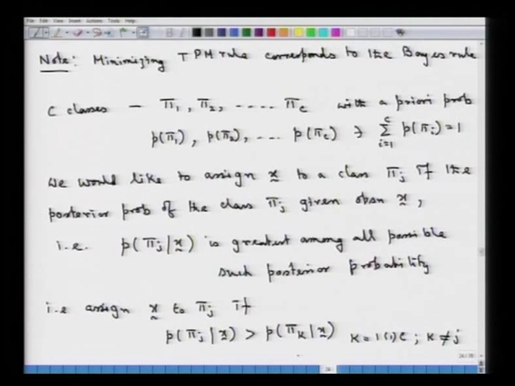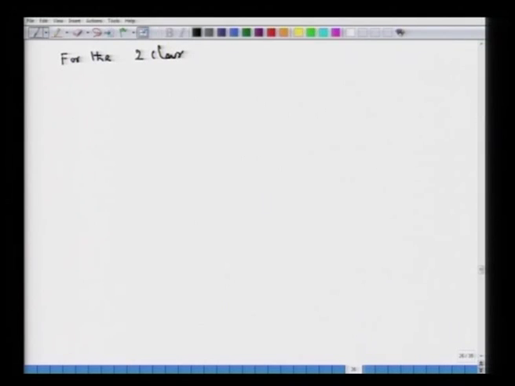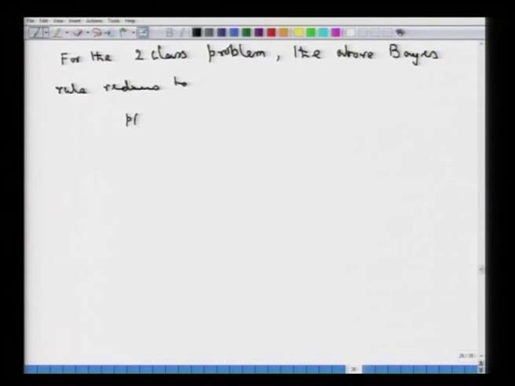Now, for the given two class problem, the above Bayes rule reduces to the following. We have two classes, so we have P(π_1) P(x | π_1).